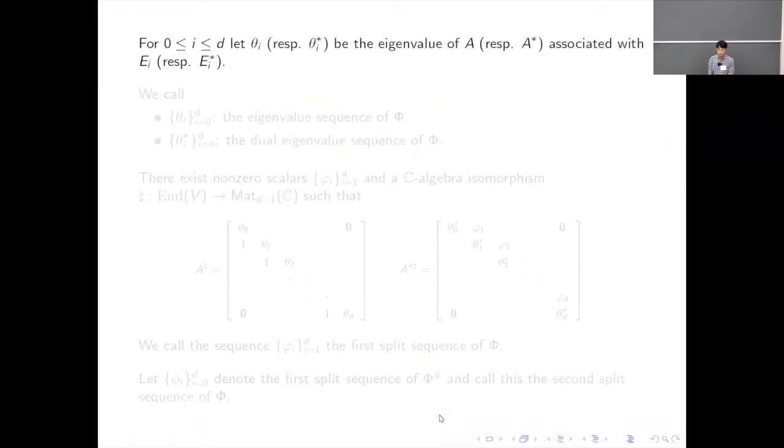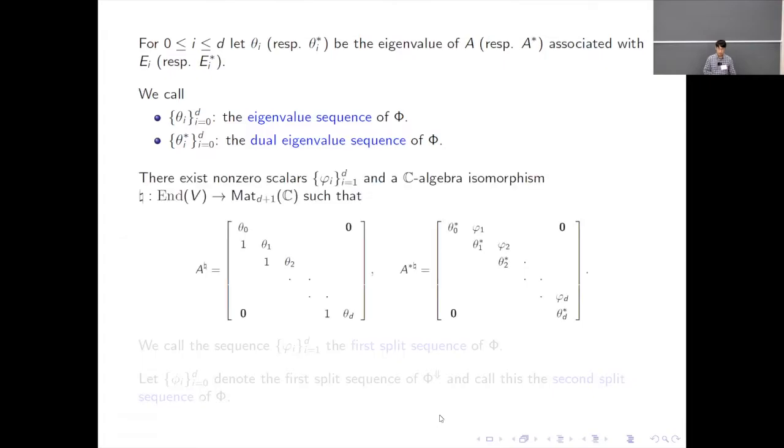Now, let theta_i be the eigenvalues of A associated with E_i. We call the sequence of eigenvalues the eigenvalue sequence of Phi, and theta_i* the dual eigenvalue sequence of Phi.